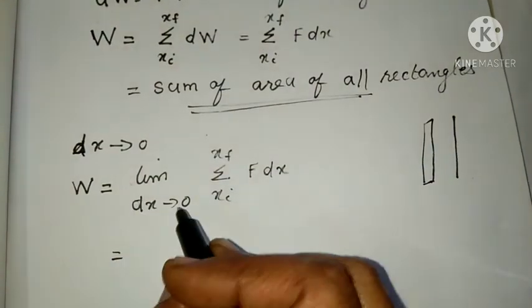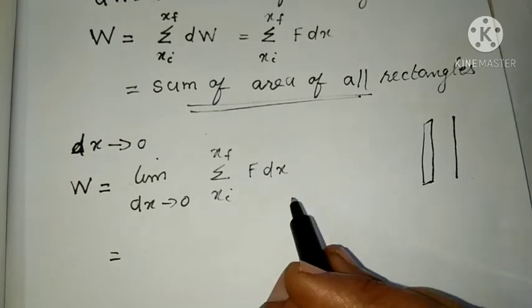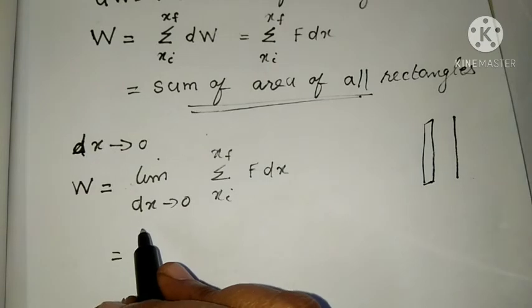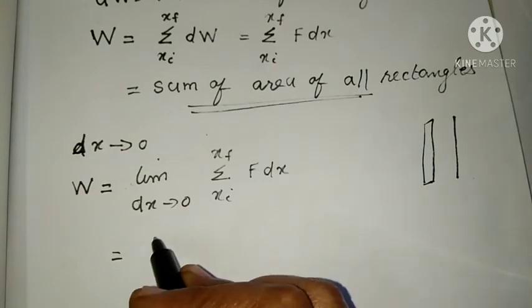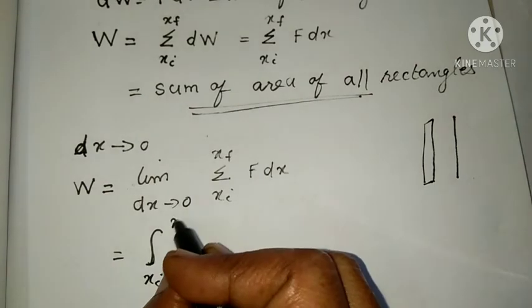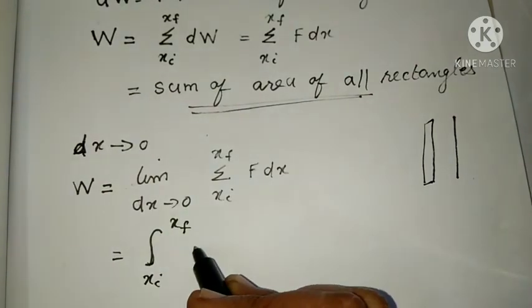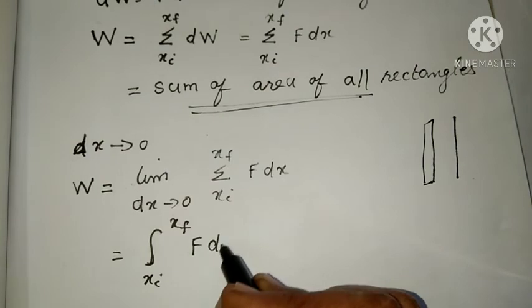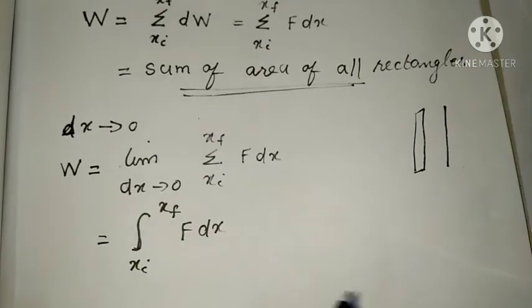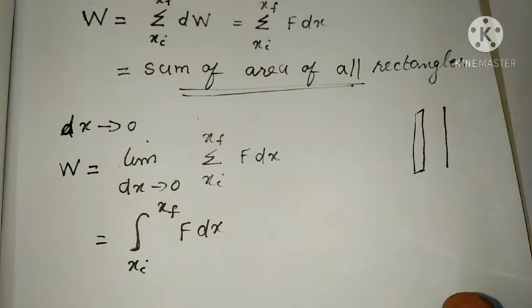When you are applying the limit, we get an infinite number of rectangles. So to find out the total work done, we should take the integration: integral xi to xf, f dx. Integration means when you join the small things, we get a large one, isn't it?